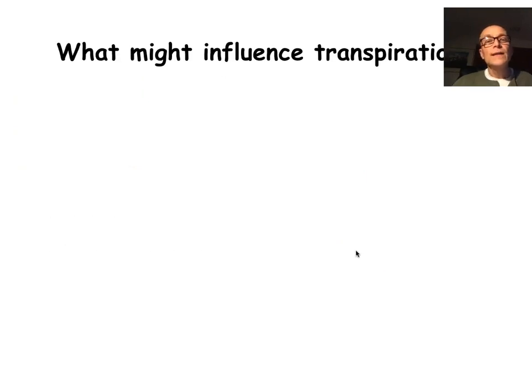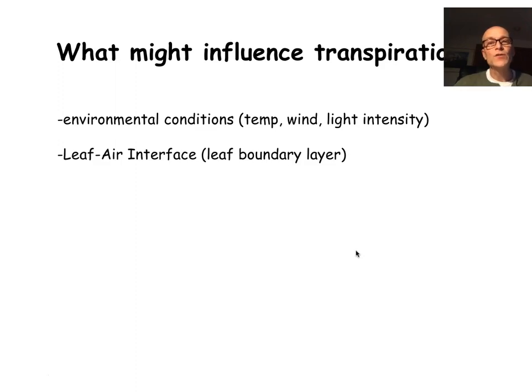All right, so now let's think about what might influence transpiration. So transpiration is usually influenced by environmental conditions: temperature, wind, light intensity too, because light intensity has something to do with the stomata. So those are the little pores in the leaf that open or close.